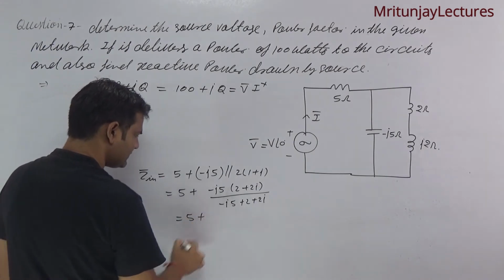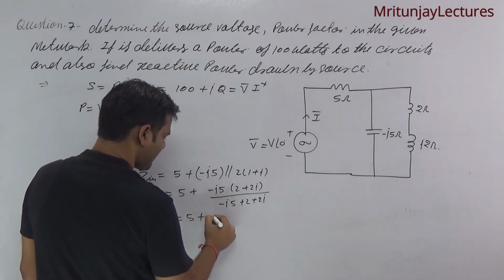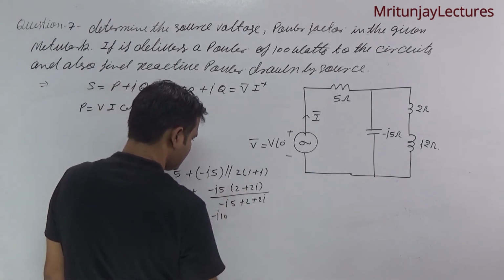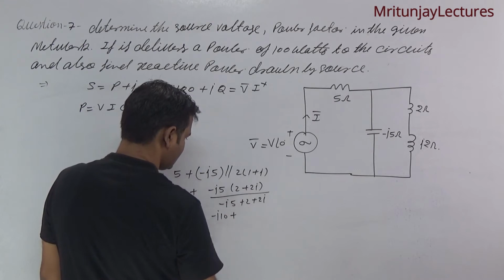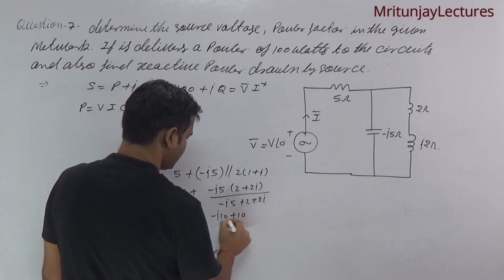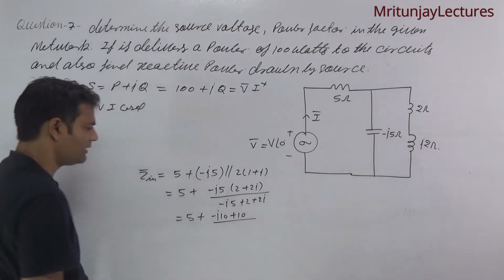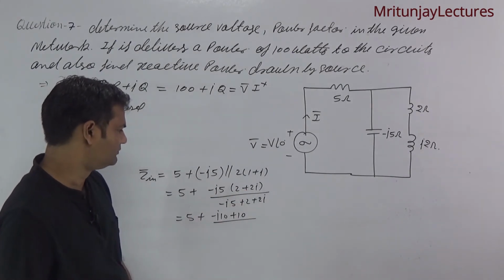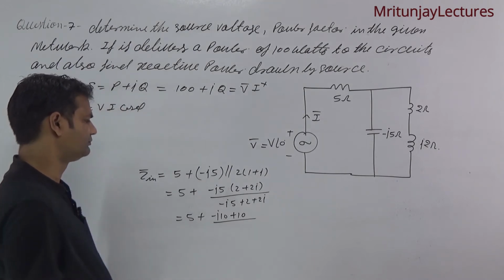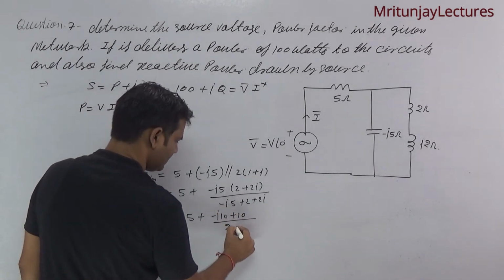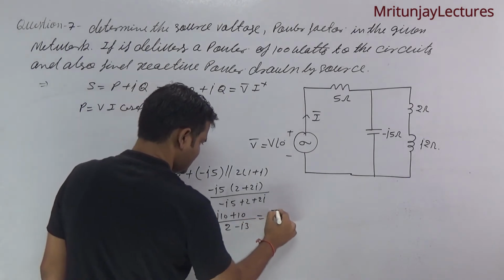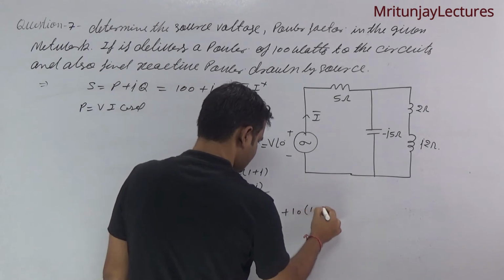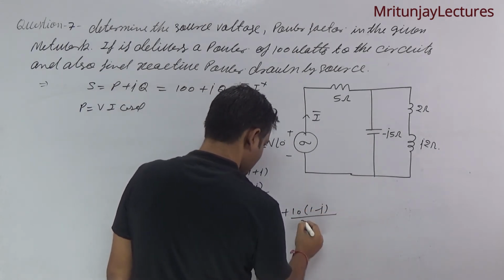So it is written as minus 10, that is 10 plus 10, simply 2 plus 5, now divided by 2 minus J3. So it is written as 10 common 1 minus J divided by 2 minus J3.